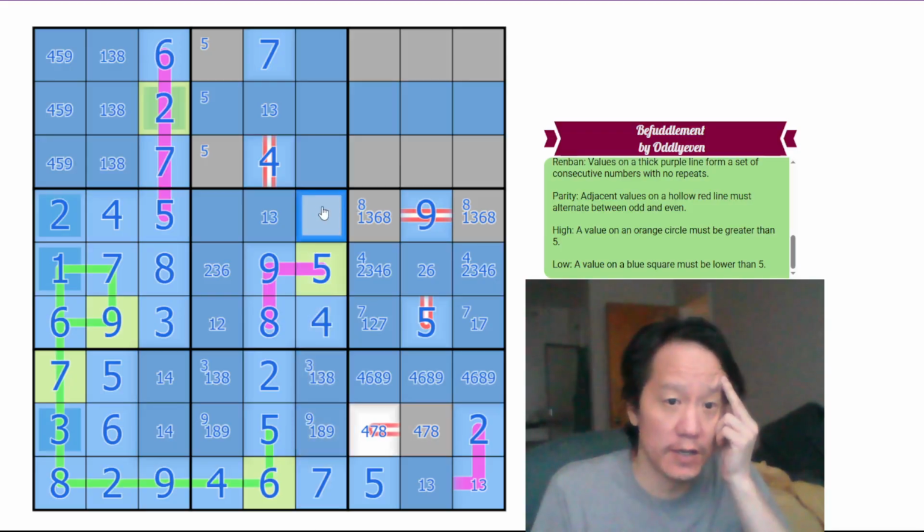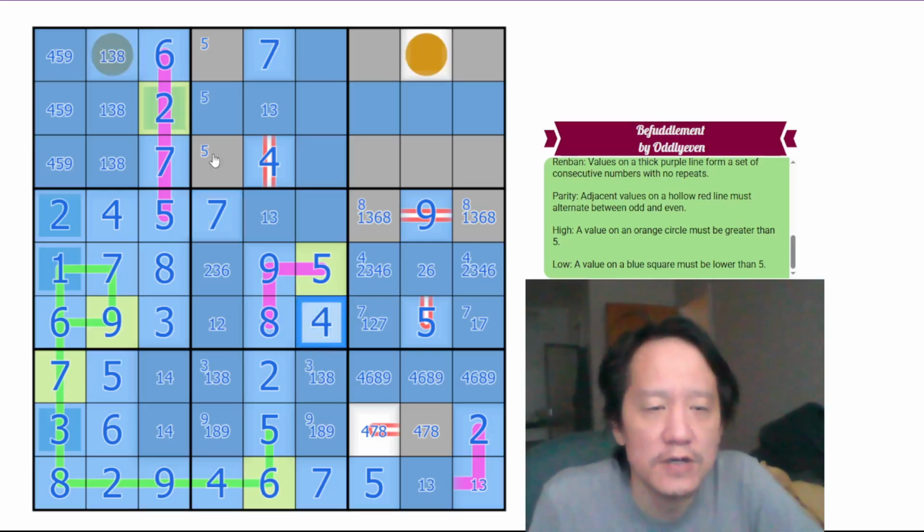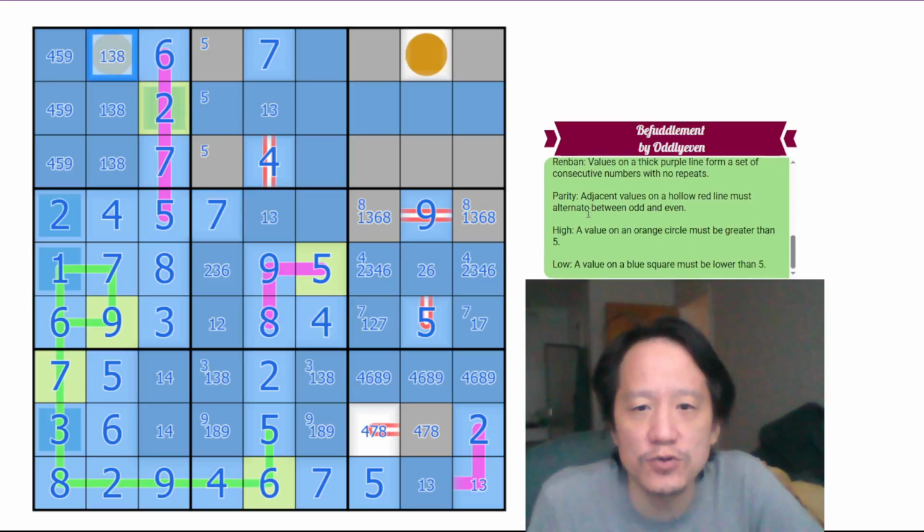Where's 7 in box 5? Can't be here anymore. It must be somewhere in row 4, so it has to be here. So this is 7. Okay, we have green, we have circles.